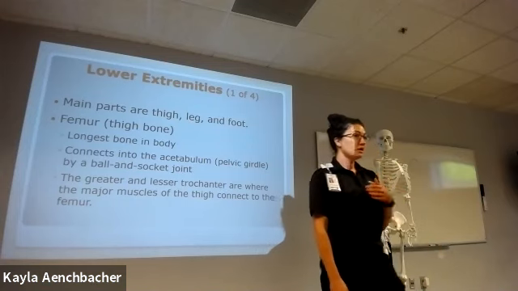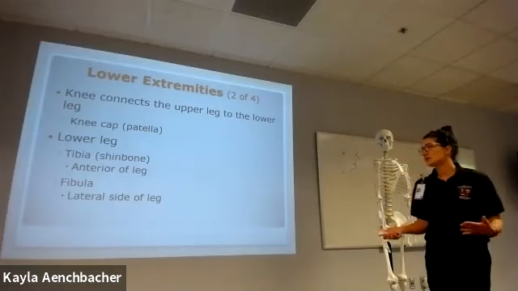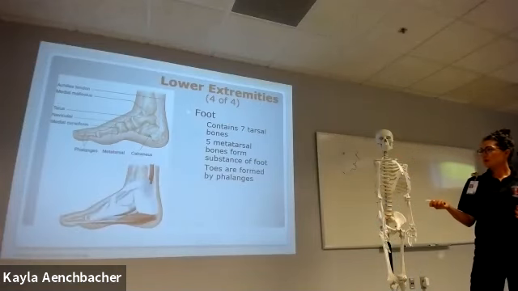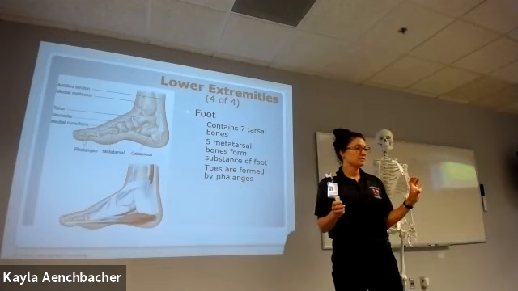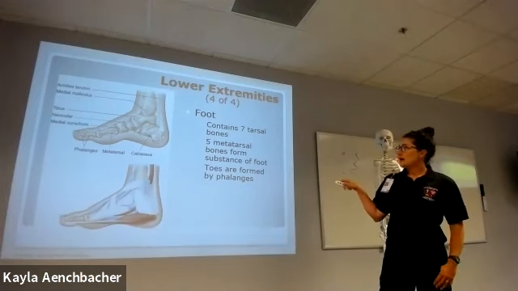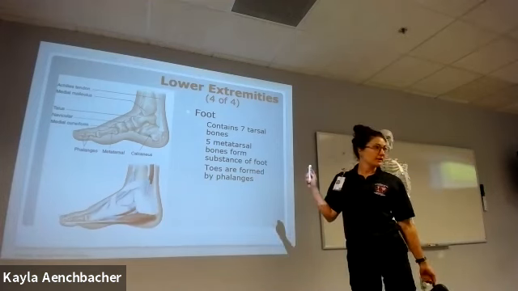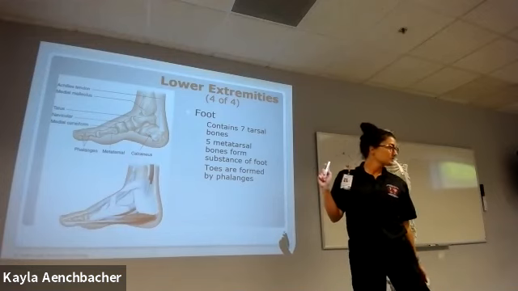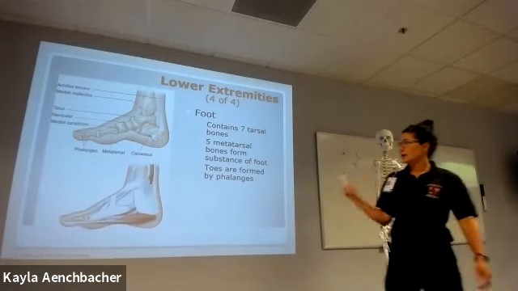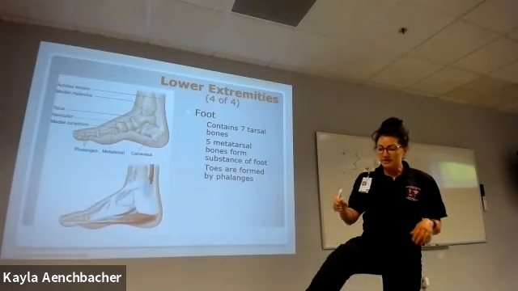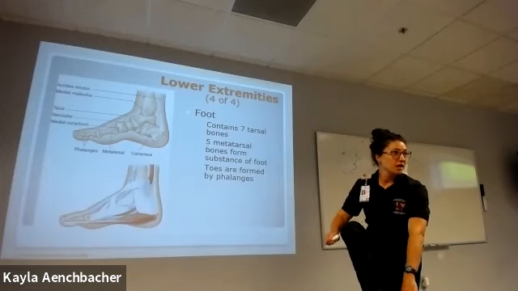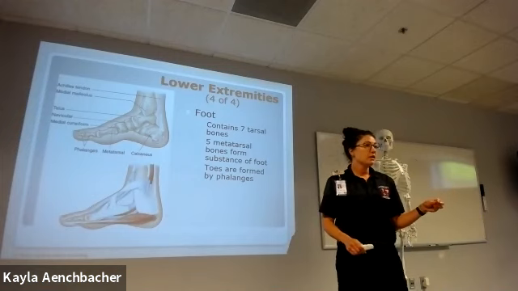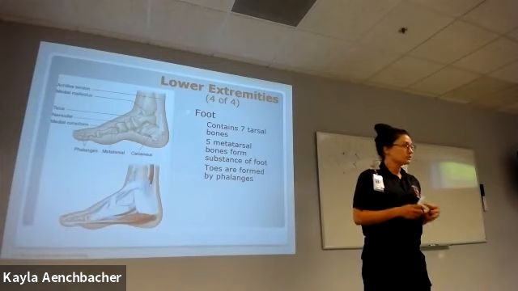All right. So moving down to the foot, guys, it's very similar to the terms that we use for the hand bones. Okay. So you've got your big heel bone back here. That's going to be your calcaneus. All right. The longer bones that comprise the length of your foot, to the hub of where your toes start, those are your tarsals.